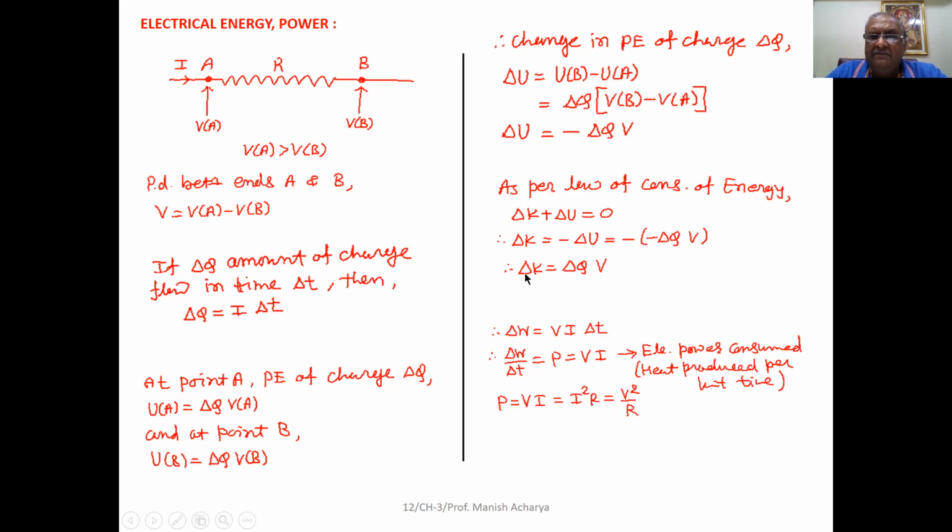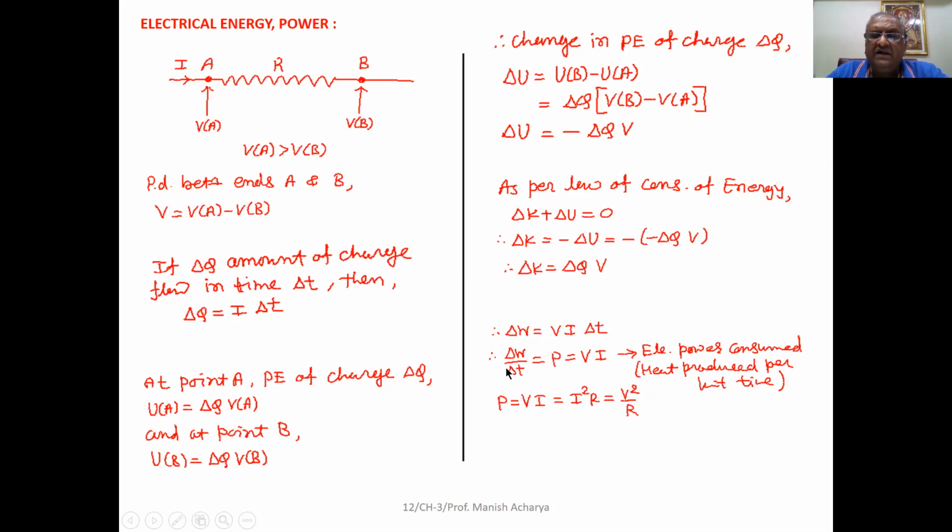So delta W is equal to, substituting delta Q as I into delta T, VI delta T.